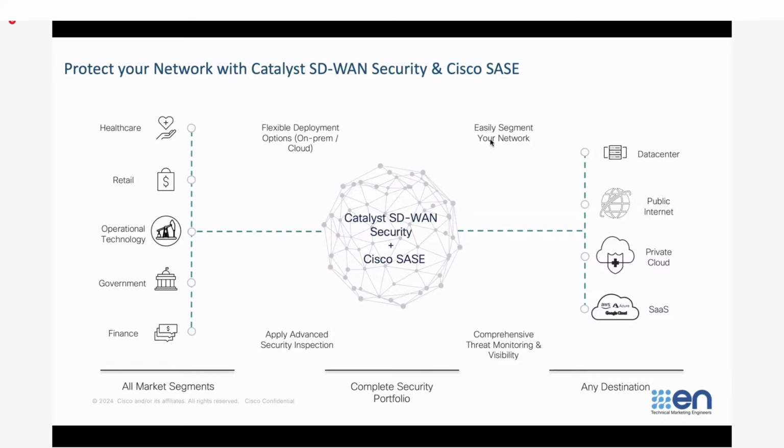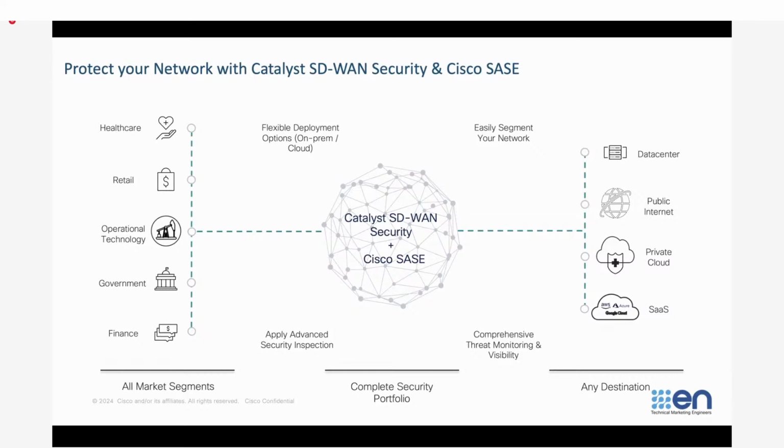The second key principle is that the Catalyst SD-WAN solution allows you to segment your network easily by using VPNs, virtual private networks, or VRFs traditionally. And we can also enforce security policy based on not just the five tuple, but also using the identity, user information, user group, and security group tags or scalable group tags, SGTs.